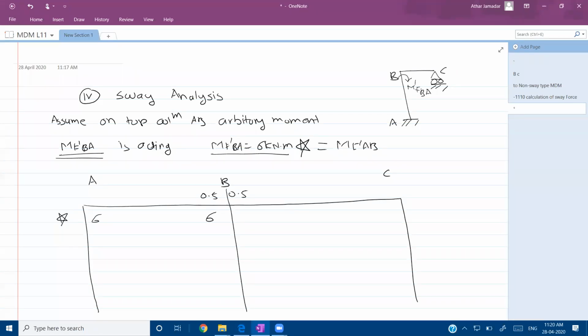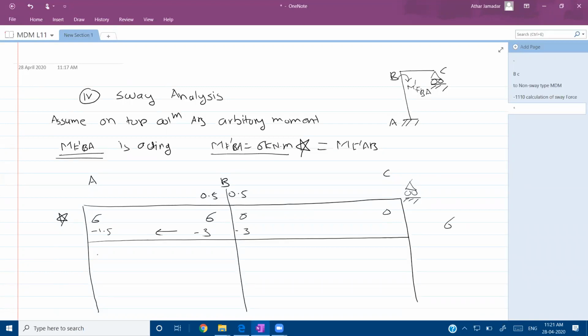Remember this: in case of sway analysis, we have to assume these arbitrary moments, and here this moment we should assume as 0. Now if you calculate unbalanced moment, because support C is roller supported, we have to make moment 0, but already moment is 0 at support C, so directly we will calculate unbalanced moment at support B. So 6 kilonewton meter unbalanced moment is acting. 6 into 0.5 is 3 with minus sign, and half of this should be carried over to here, so minus 1.5.